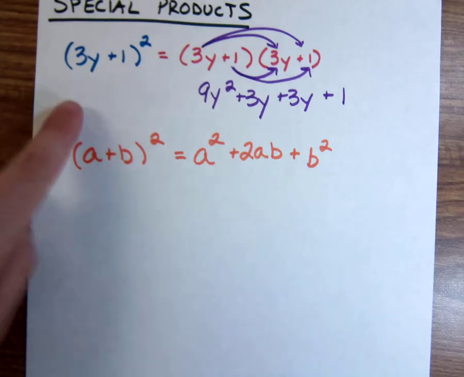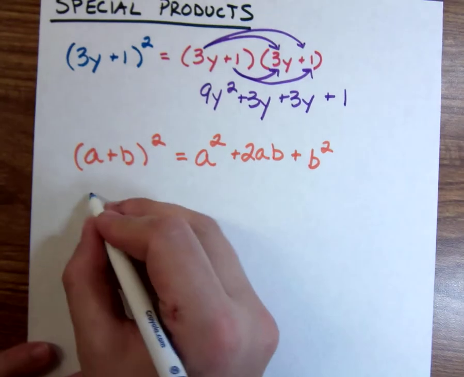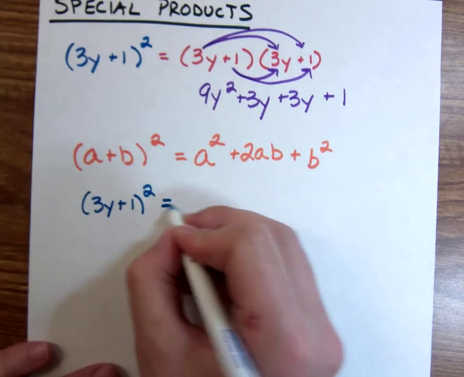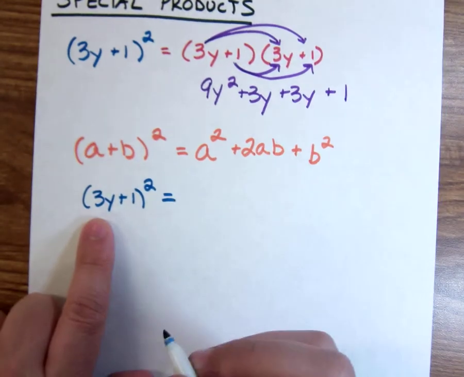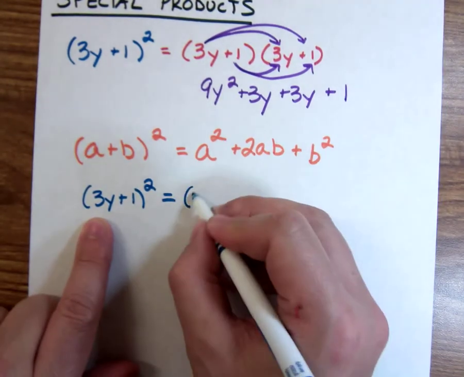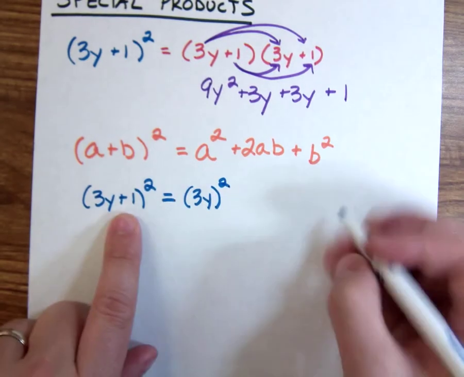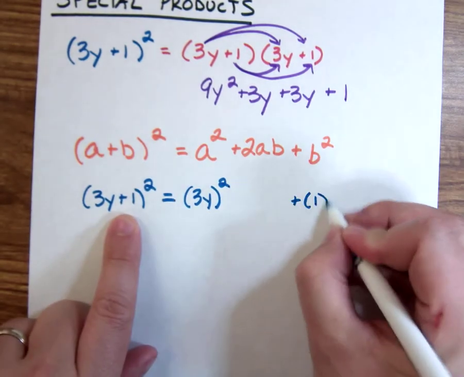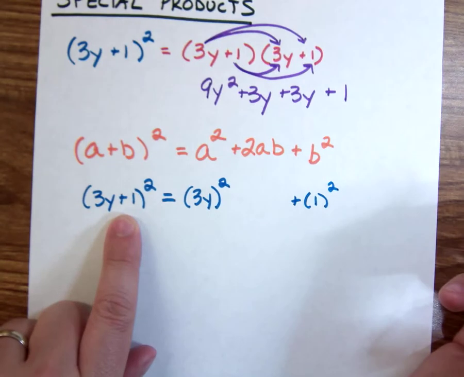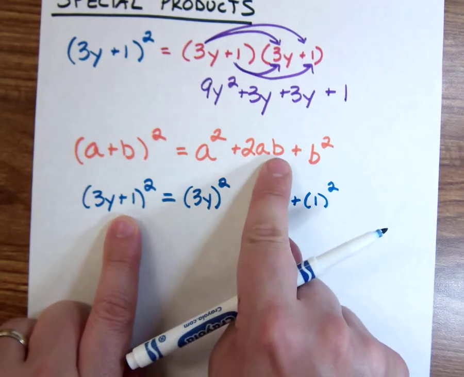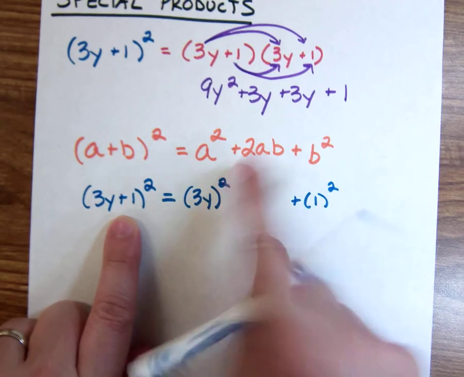Okay, so let's go back to our 3y plus 1 squared. Here's the shortcut. You square the first thing, and on the end, you square the last thing. And in the middle, you have the first thing times the last thing times 2.